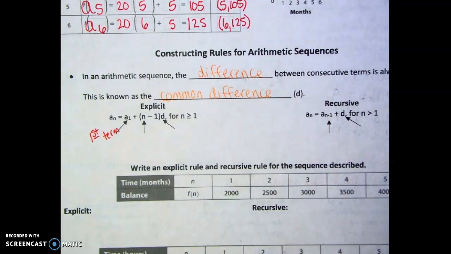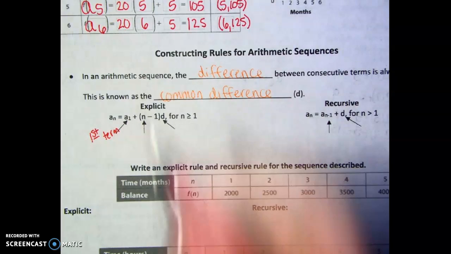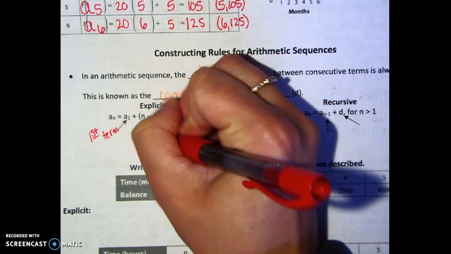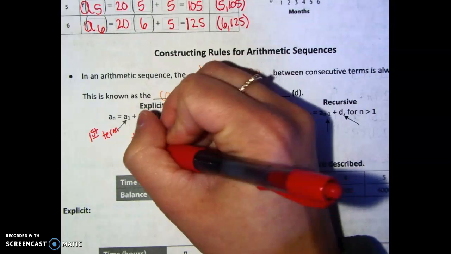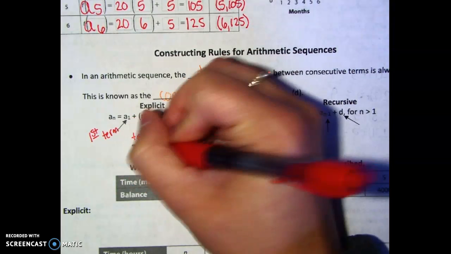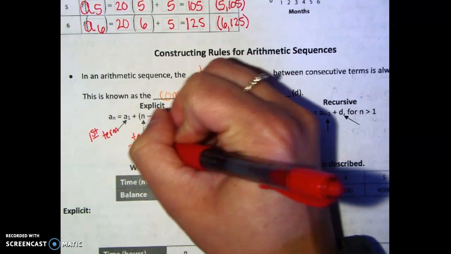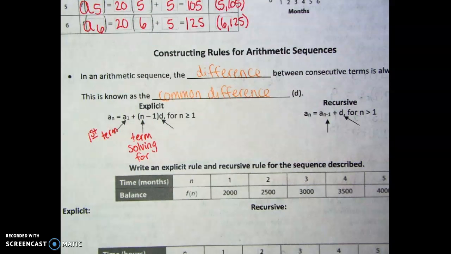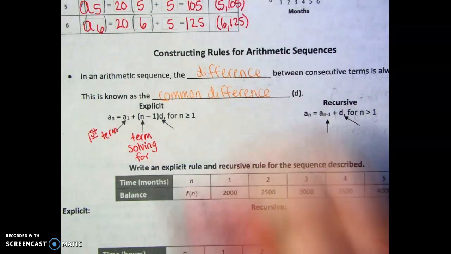And you know that. n is the term you are solving for. So that's the one you're solving for. And d is the common difference.